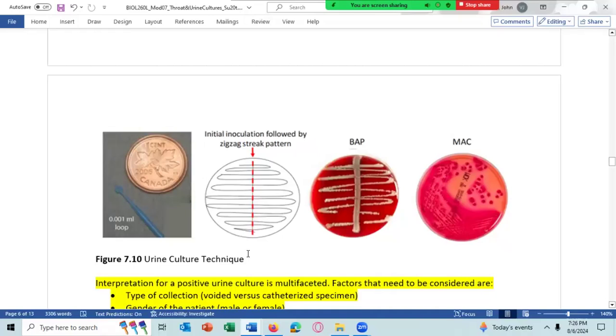We use blood agar because it can grow both gram-negative and gram-positive organisms, as well as many fastidious organisms. Streptococcus pyogenes is not normally found in the urine, but it could grow on blood agar, is my point.